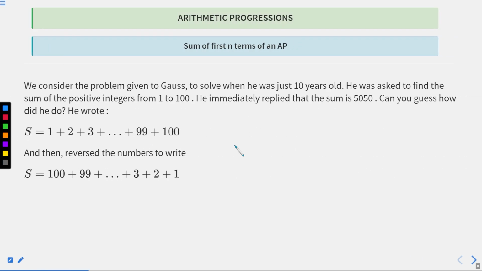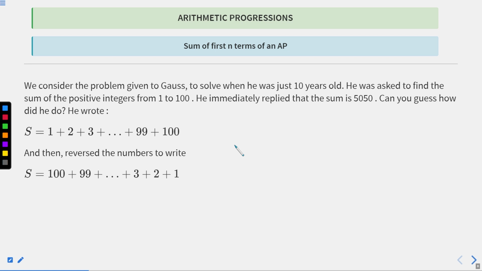We consider the problem given to Gauss to solve when he was just 10 years old. His teacher gave him a problem of finding the sum of positive integers from 1 to 100.